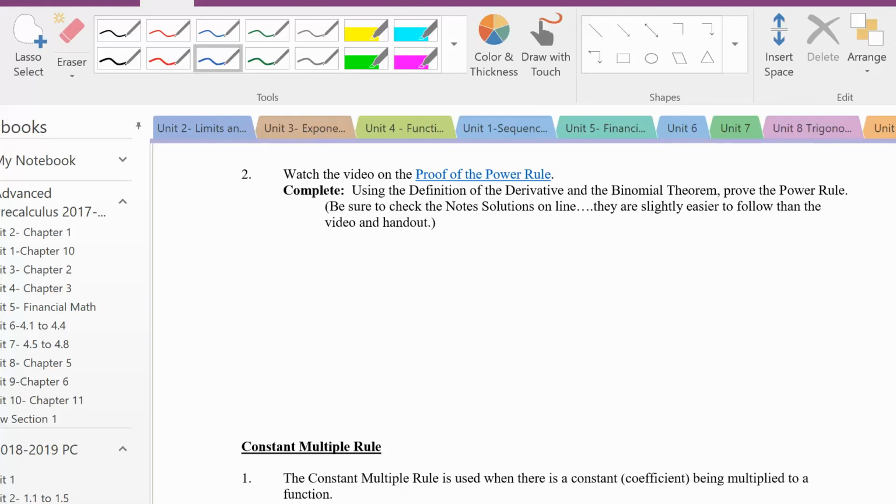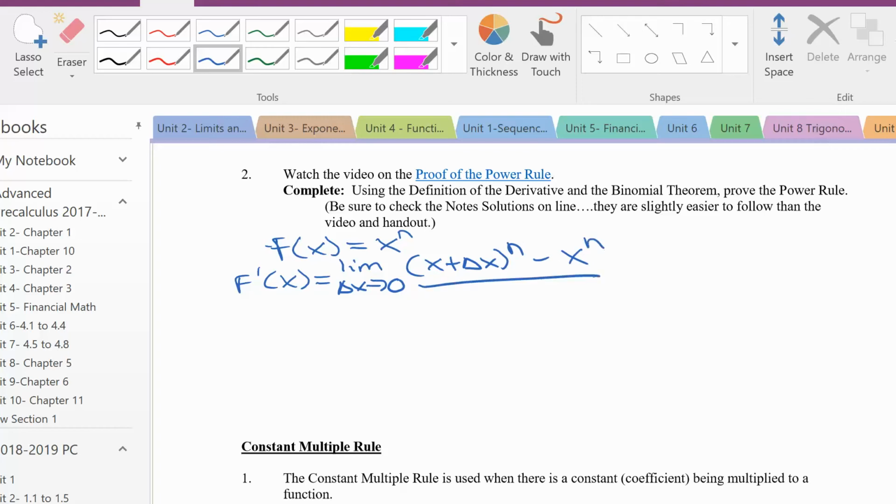So if we look at the proof of the power rule, f of x equals x to the n. That means the derivative is equal to the limit as delta x approaches 0 of x plus delta x to the nth minus x to the nth, all over delta x.